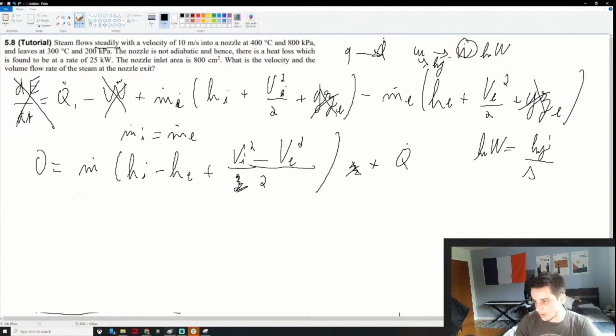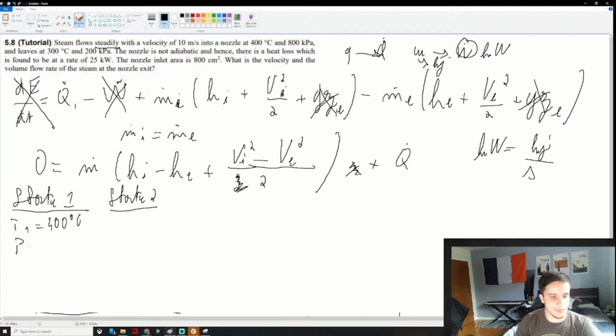Okay, so we are given for both states, state 1 and state 2: T1 is equal to 400 Celsius, and P1 is equal to 800 kilopascal, and then for the second state, T2 is equal to 300 Celsius, P2 is equal to 200 kilopascal.